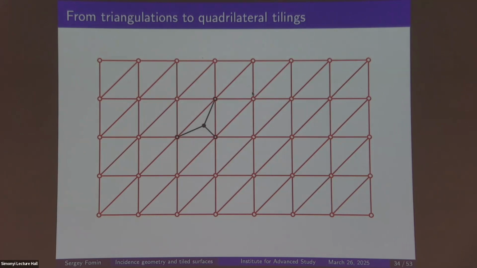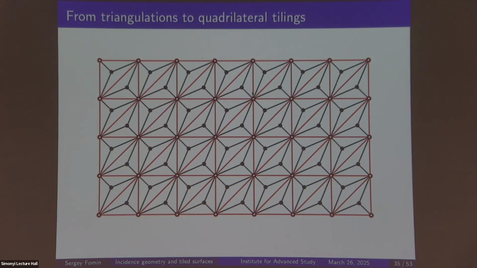And I do this with every triangle. Then I get a quadrangulation of my surface, right? The black picture gives me a quadrangulation. Okay, so I remove the red stuff, and then I get a tiling. So from every triangulation, you can construct a quadrilateral tiling.